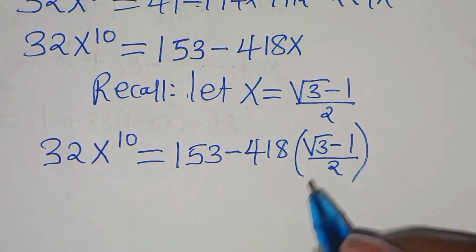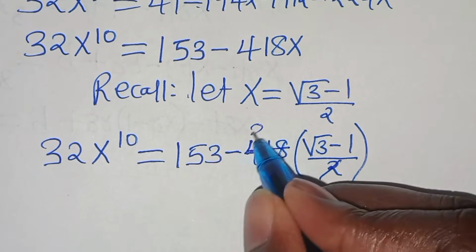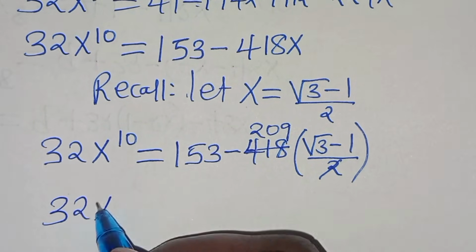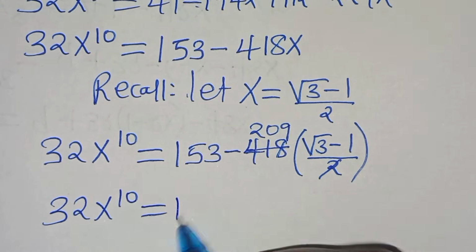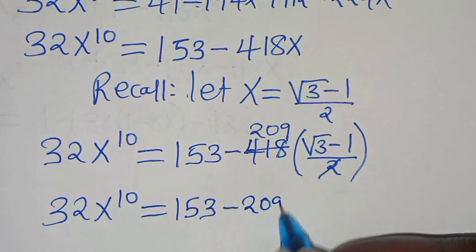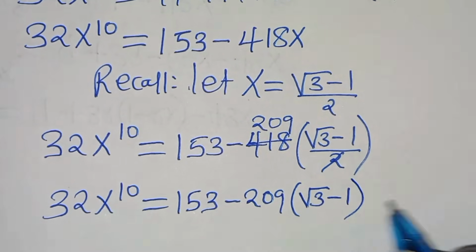Now, let's simplify here. 418 divided by 2 is equal to 209. So we have that 2x to the power of 10 is equal to 153 subtract 209 into the parentheses, square root of 3 minus 1.